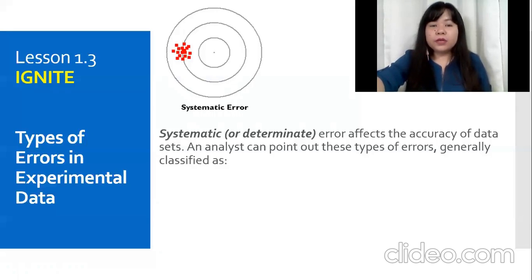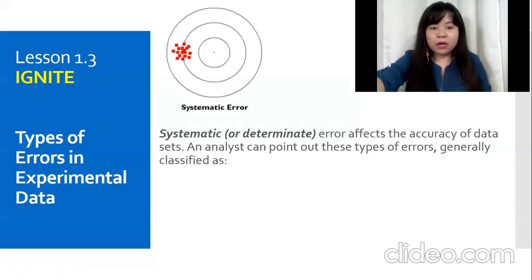Therefore, your data would be precise because you're carrying out each trial consistently. However, something is being done consistently wrong. That is why the mean of the data does not hit the target.